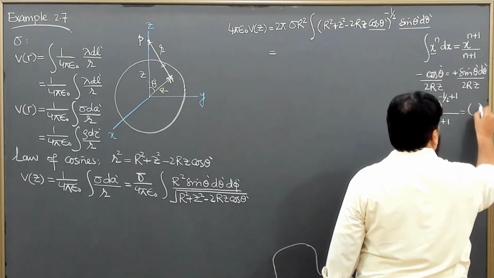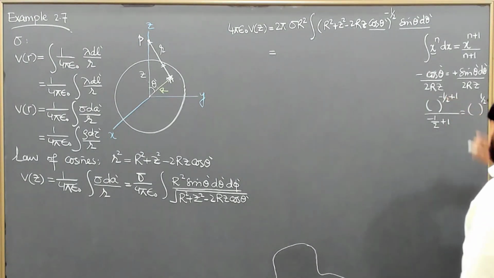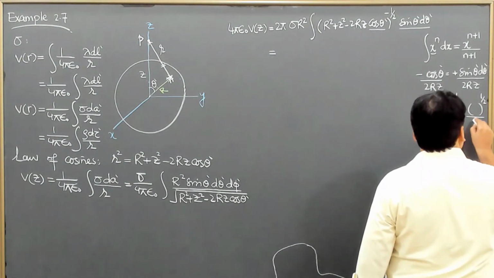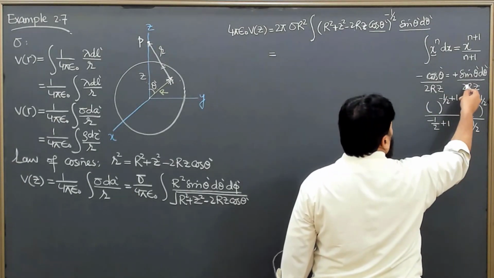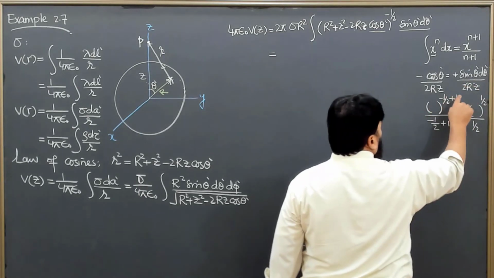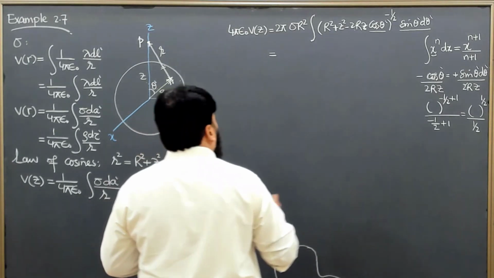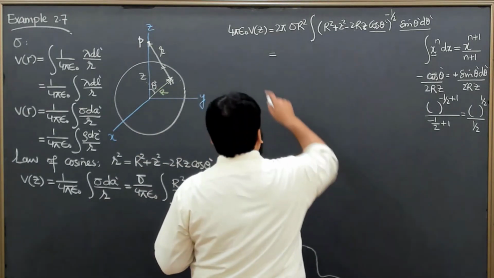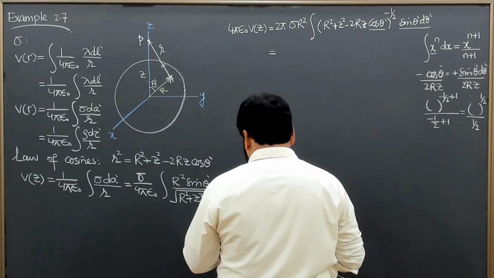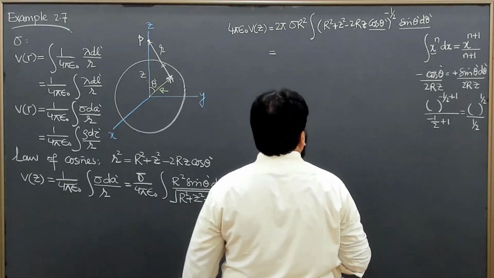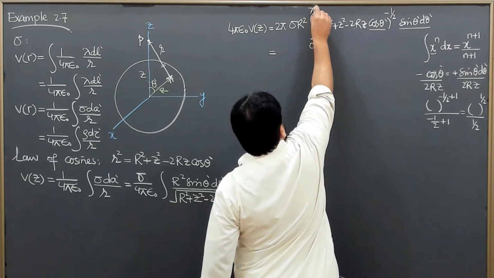So this will be 1 over 2, because 2 minus 1 is 1, and here this will also become 1 over 2. When this 1 over 2 goes up, it will cancel with this 2 and we will have only RZ in the denominator. So the integral will come out to be that 4 pi epsilon naught V of Z equals, and we are also having the theta value from 0 to pi.